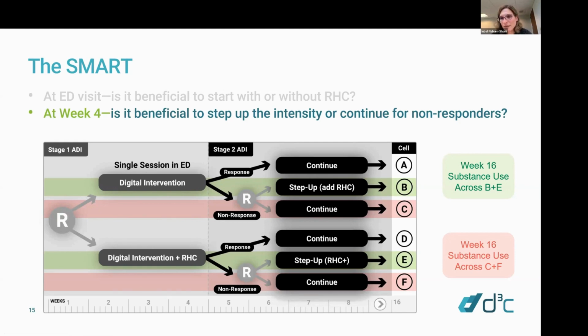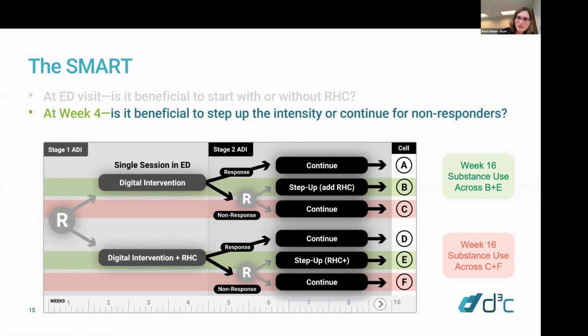So again, I will be comparing half of my sample of non-responders, because now we're only focusing on non-responders, to the other half of my sample of non-responders, just like a 2-arm trial. And this would be the main effect of the second stage tactic for non-responders, averaging over the initial components.